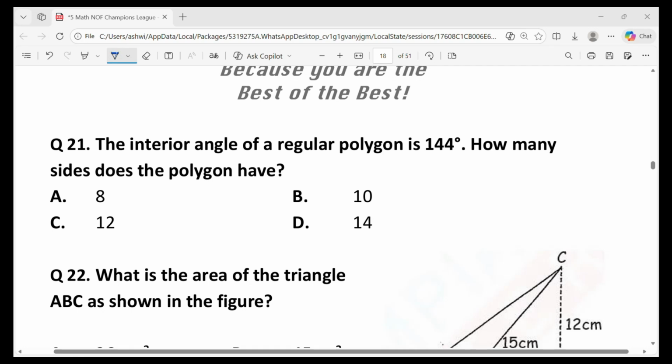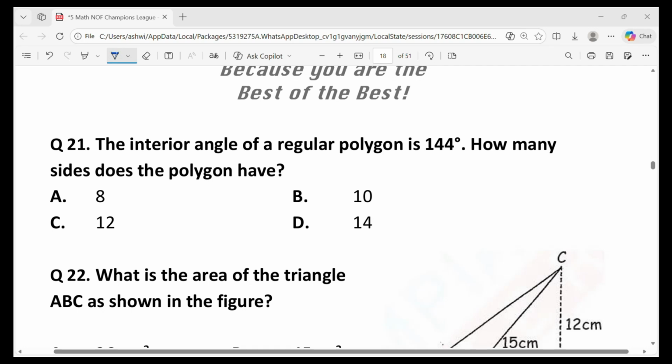Question 21. The interior angle of a regular polygon is 144. How many sides does the polygon have? The sum of an interior angle and its corresponding exterior angle of a regular polygon is equal to 180 degrees.